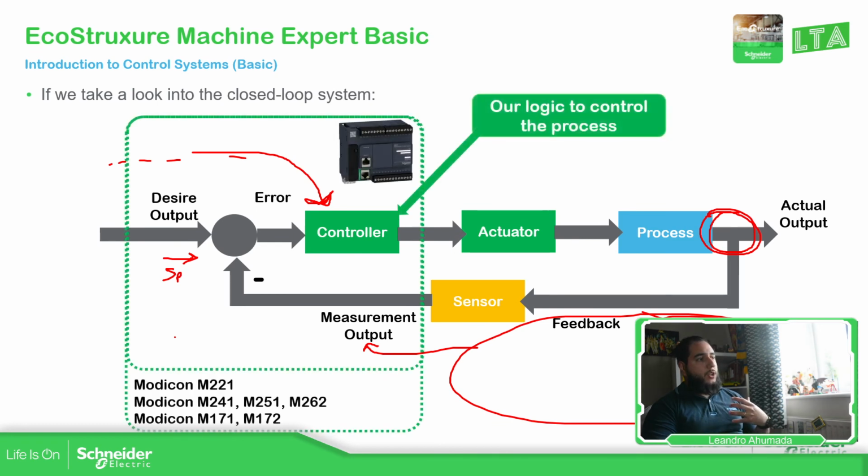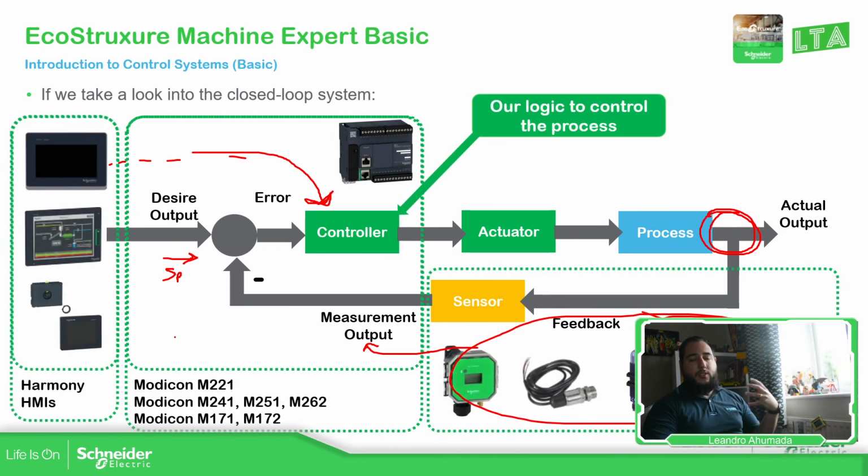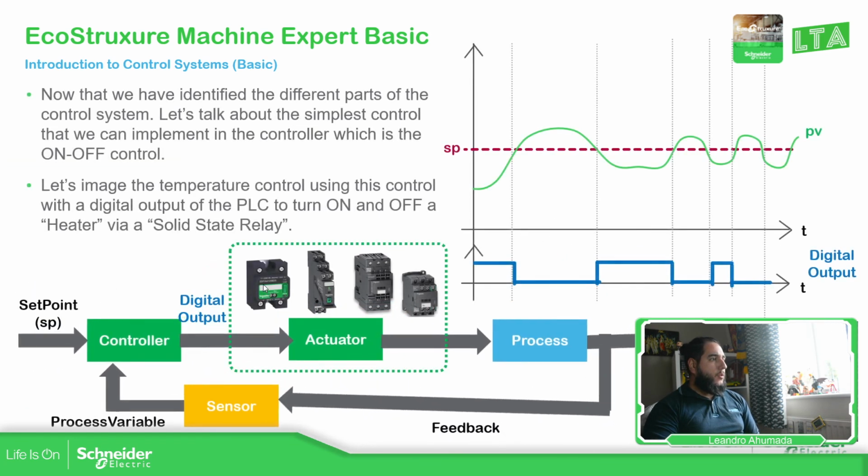Then we need to define which is the right sensor. The sensor is going to be critical here if we want to make a control. If we don't have the right sensor, there's nothing we can do actually. That's why the variable that we want to measure needs to be measurable. Otherwise, there's nothing we can control. But for that, you also have predictive control.